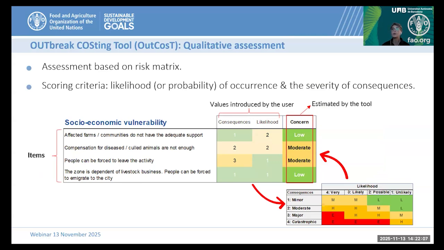The user has to score the likelihood of occurrence of a certain aspect, of a certain impact, and also the severity of the consequence. And according to this risk matrix, the model will return the level of concern.